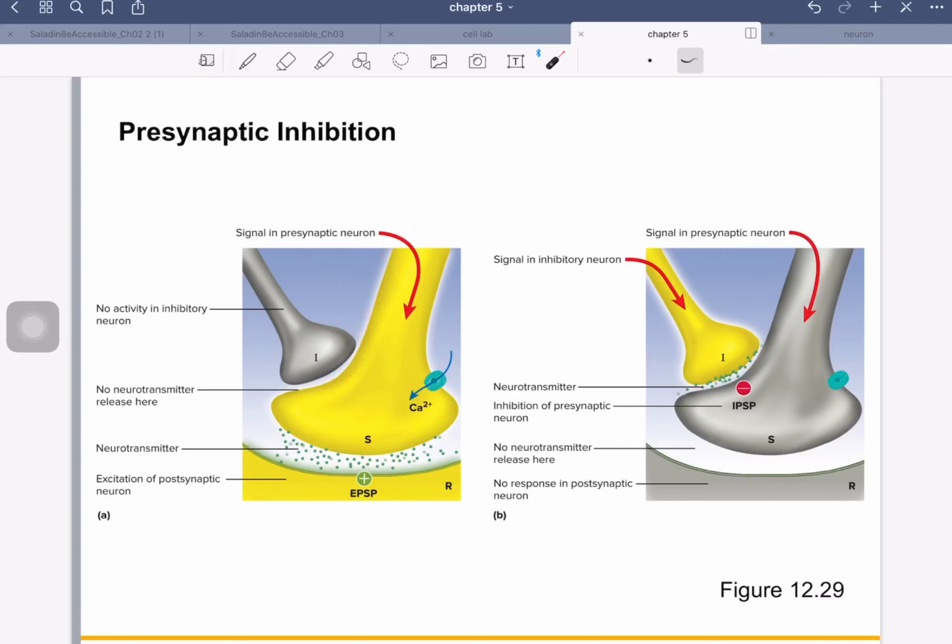But let's take the case over here. Then in this case, if this neuron has an action potential and it's sweeping down towards here where the neurotransmitters are, the inhibitory one kicks in at the last minute.